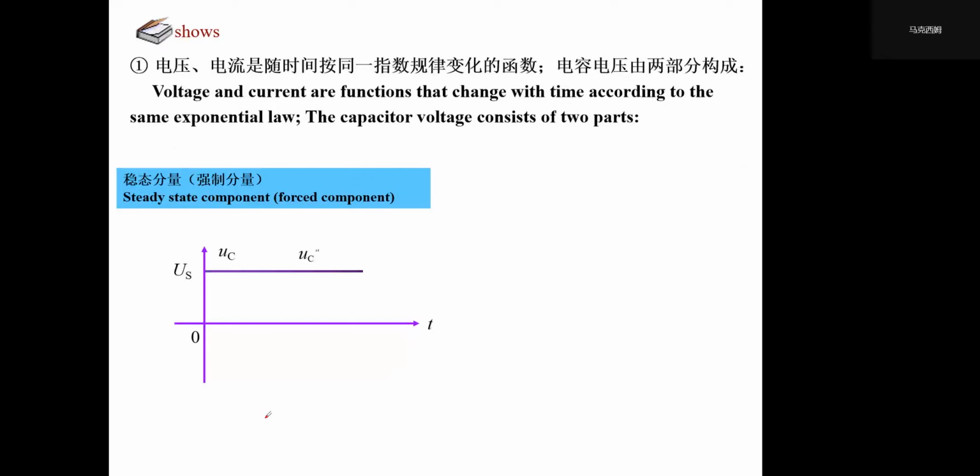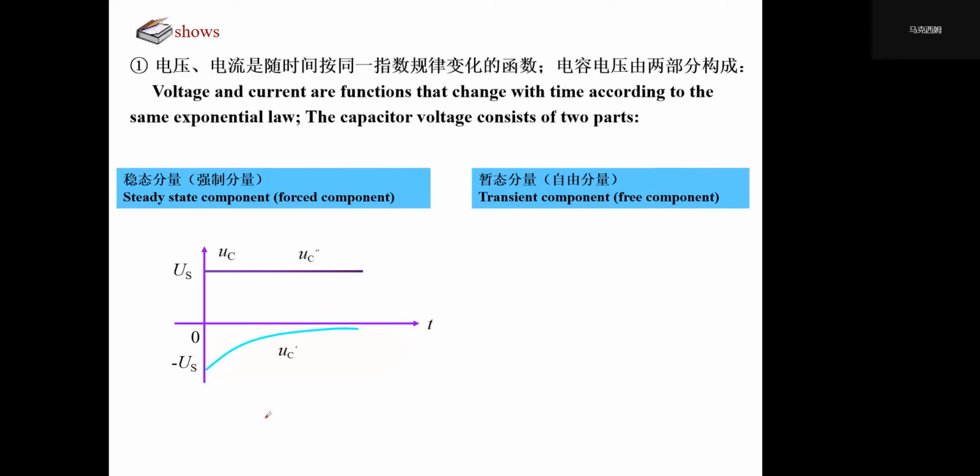So the source gives its energy and forces the system to work on its will. The other part is the transient component, the free component. Those parts combined together generate the full response, or total response. It looks like this one on the right. So it's a continuous function.